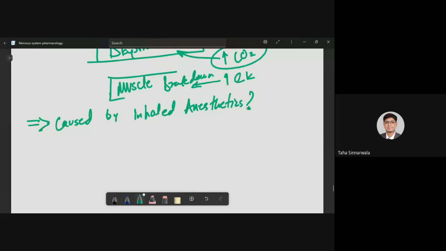Now, what are the different types of anesthetics? Maybe local ones, maybe general ones. That we'll study tomorrow. So this is a good cliffhanger, and we can start from anesthetics tomorrow.